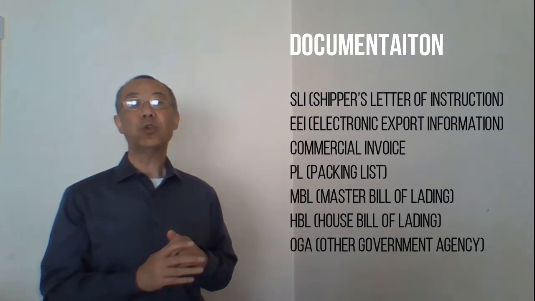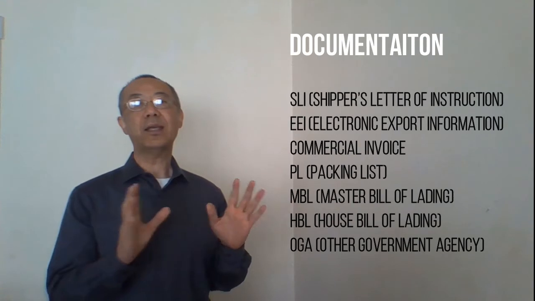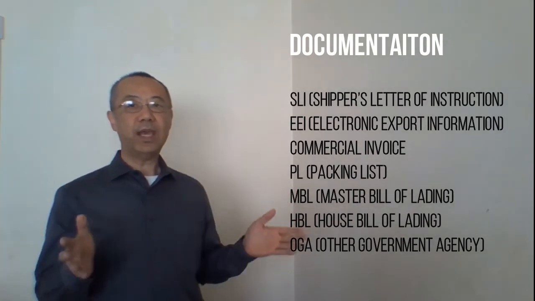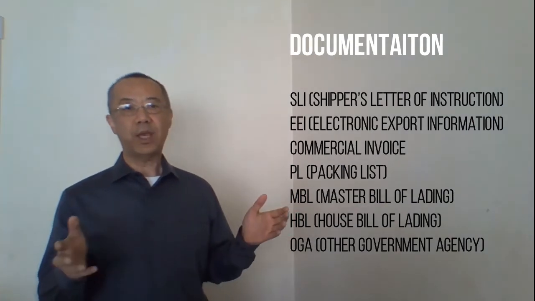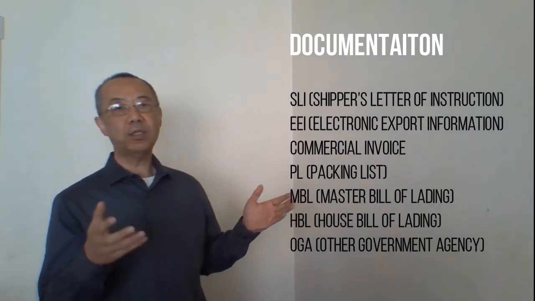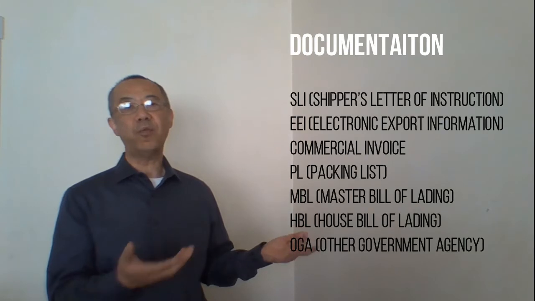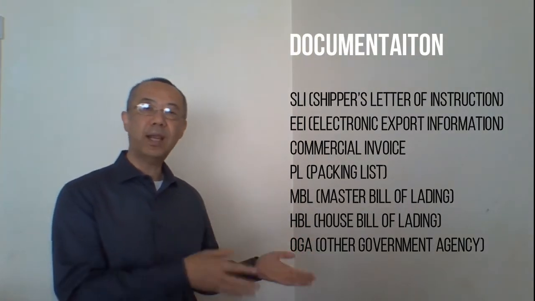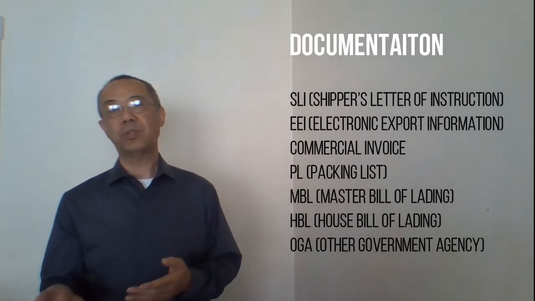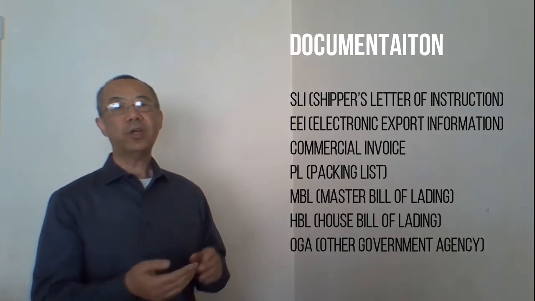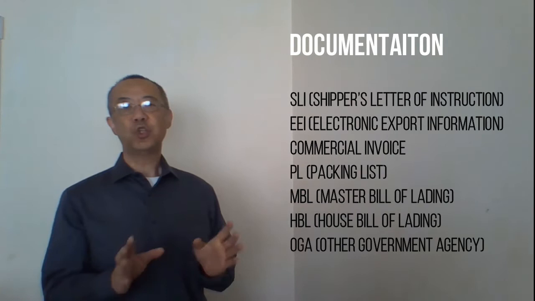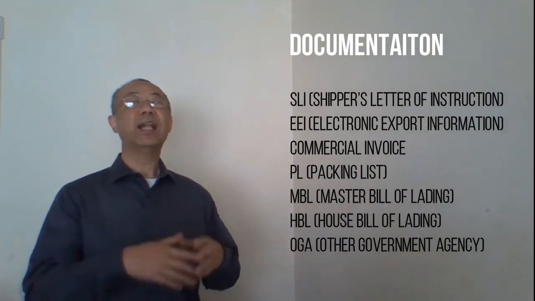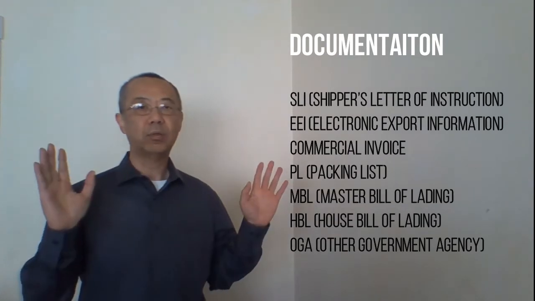The documents include commercial invoice and packing list, manufacturer's analysis, certificate of inspection, certificate of origin, veterinary certificate, ocean bill of lading, master bill of lading, airway bill, straight bill of lading, order bill of lading, house bill of lading, insurance copy, insurance certificate, warehouse receipt, delivery order, and so on.